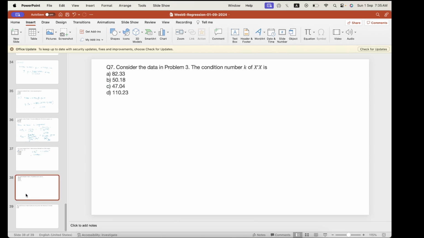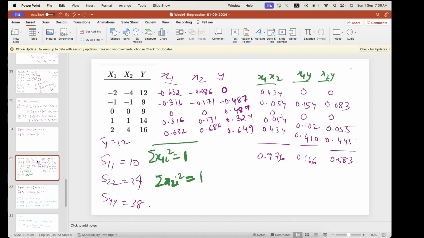Next thing is condition number k of x prime x is how much? So in order to find out condition number k, we have to first find out the eigenvalues of x prime x. So here we are going to put in the two columns of the transformed variables.